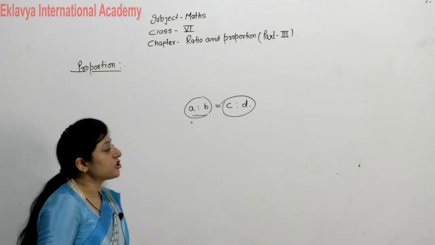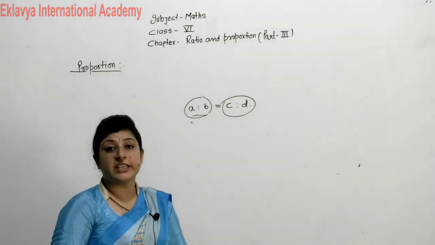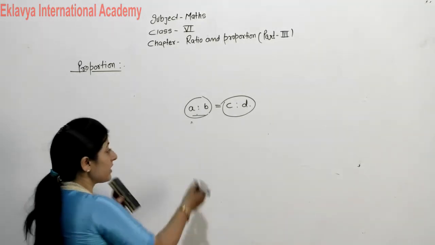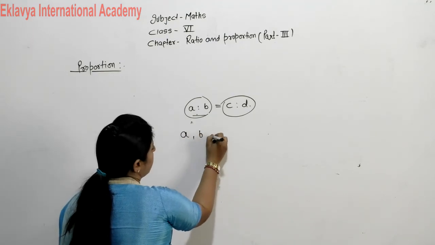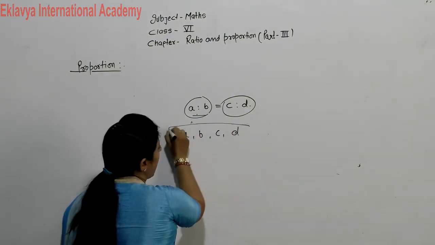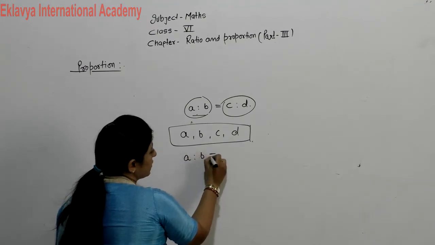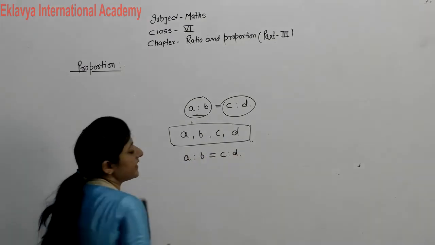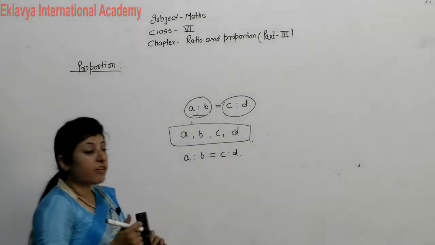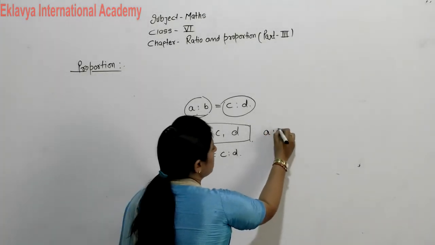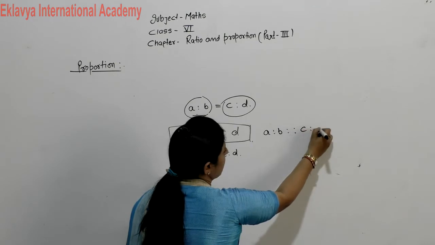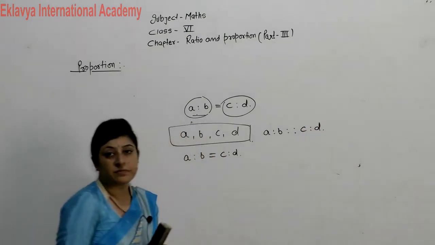Okay, A/B is equal to C/D. It means A, B, C, D are in proportion if A/B is equal to C/D. One more sign we will use for the proportion, that is 2 times colon.